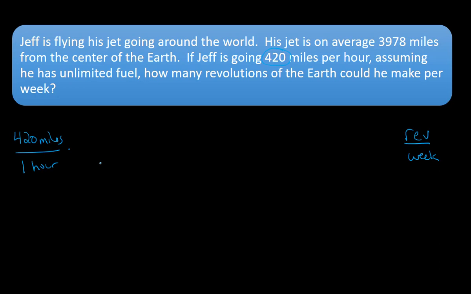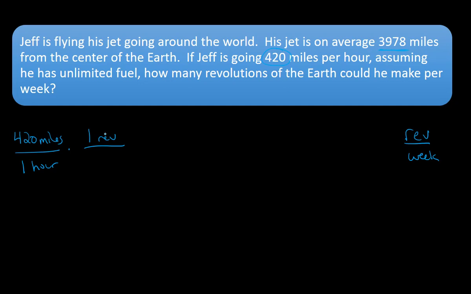And so now we know, I got to think about a couple things here because we need the week. Now, one revolution, again, is going to be in terms of either radius or diameter. Now, he's telling us the jet is on average almost 4,000 miles from the center of the Earth.